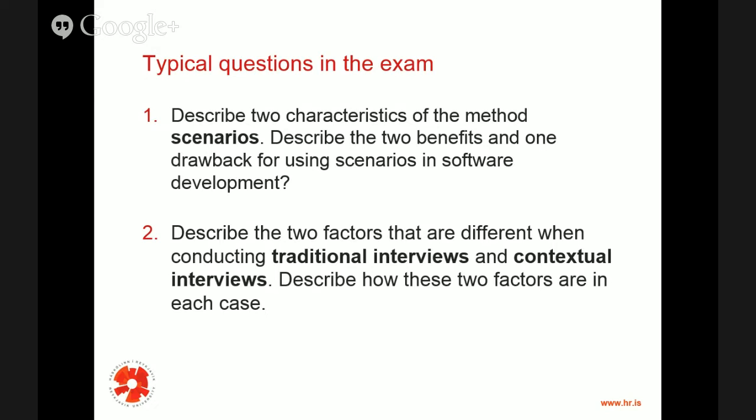And also the other thing would be that in contextual interviews you have these roles where you're learning from the user how the tasks he is conducting are done. But the traditional interview is more open. You can more or less ask about anything. So contextual interviews are more structured or focused.